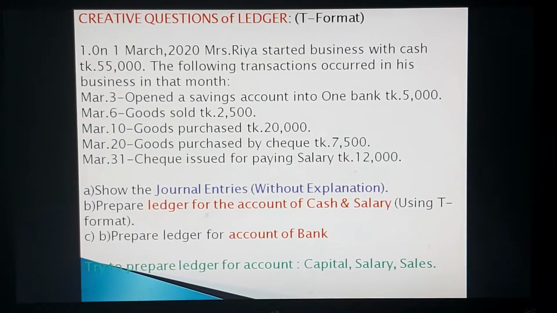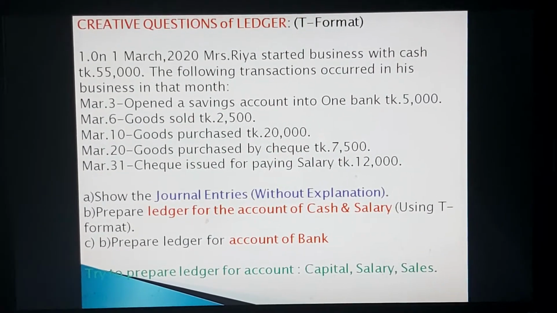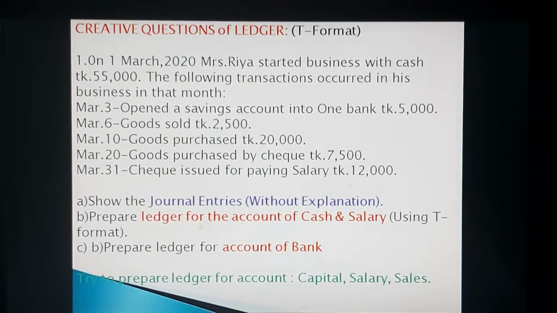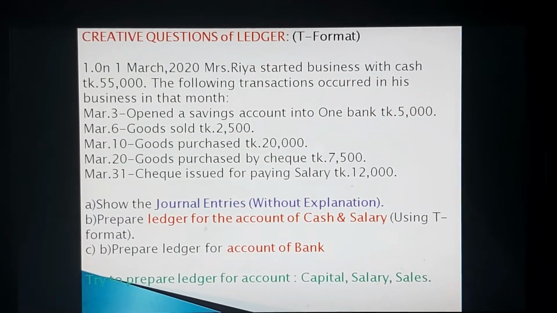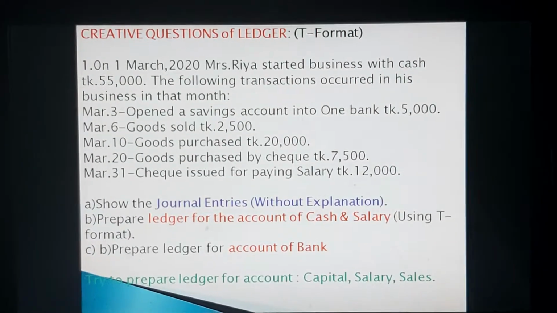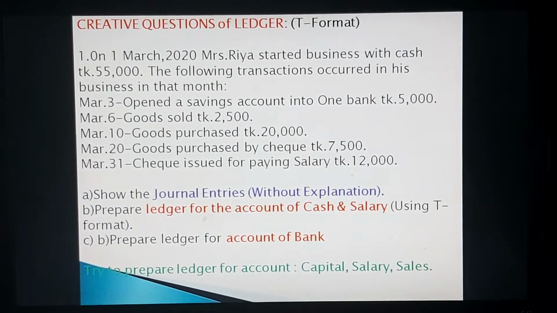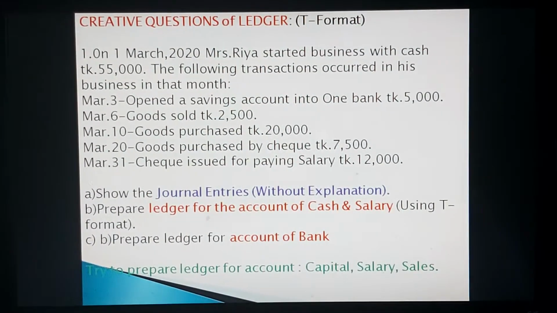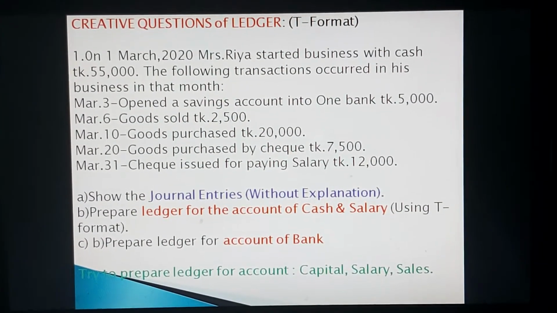This occurred in cash because without information. Goods purchase. In this transaction, purchase account and cash account involved. So you can write purchase account debit, cash account credit for taka 20,000 debit and credit.